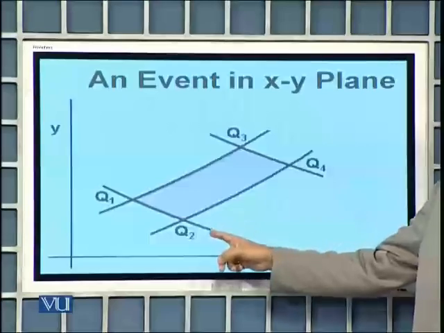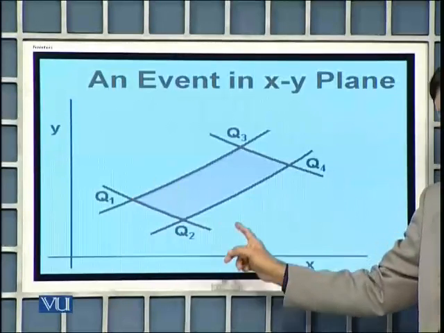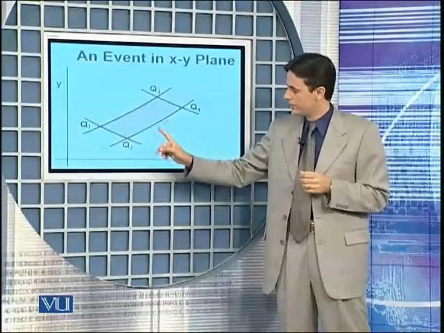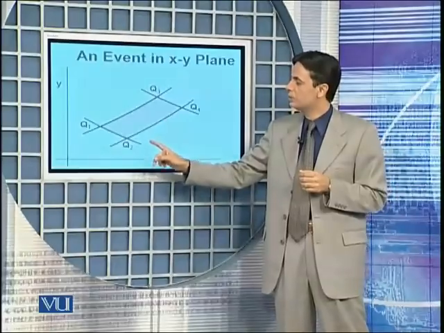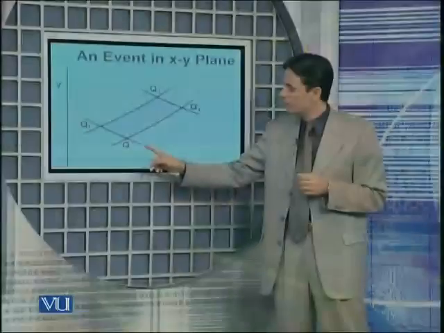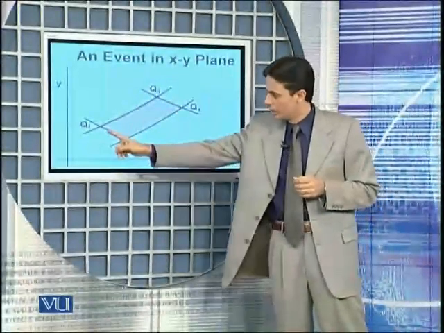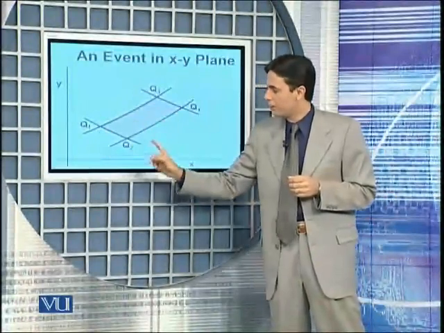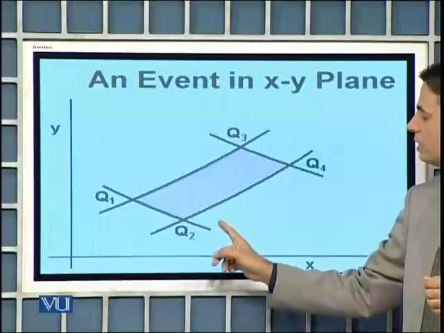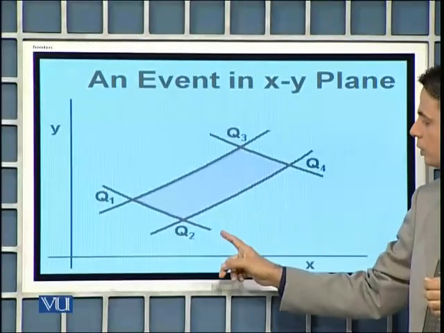So coordinates of Q2 will be x plus the partial derivative of phi with respect to u multiplied by du. And the y coordinate of this point Q2 will be y plus the partial derivative of psi with respect to u multiplied by du.